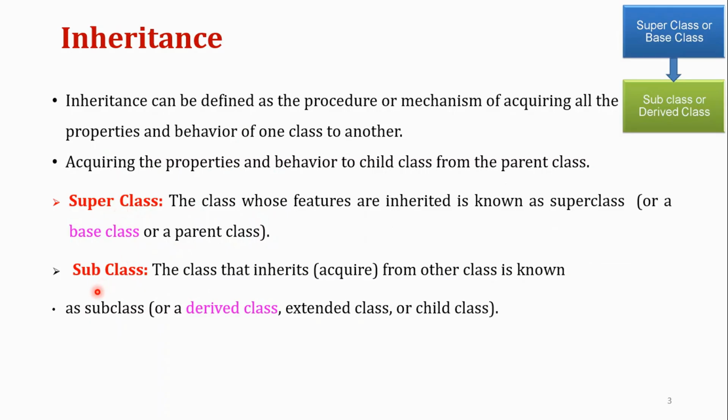The class which is receiving is called a subclass, technically. The class whose features are inherited is known as the superclass or base class. The class which inherits or acquires from the other class is known as the subclass or derived class. In layman's terms, the superclass can be called the parent class, and the subclass can be called the child class.